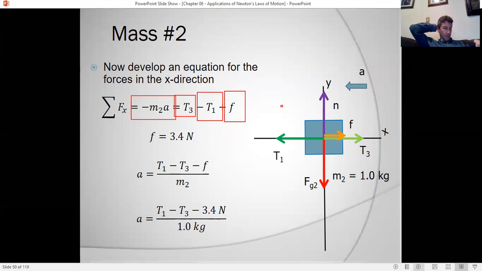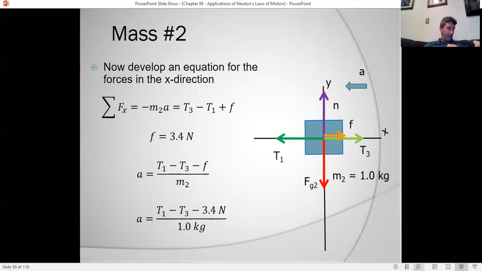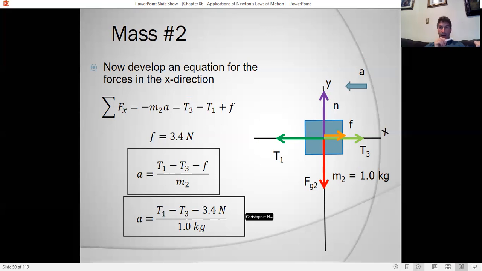F would actually be pulling in the positive direction too. So that's why you have these 2 negative signs right there. So really, if I weren't so careless, yeah, T3 is positive, F is positive too. I get this relationship right here for acceleration. And now all I need to do is plug in my T1 and T3 equations from M1 and M3 in there.